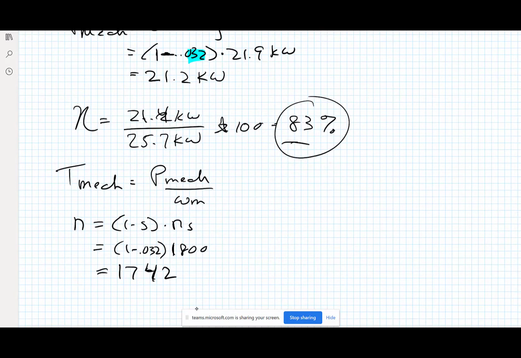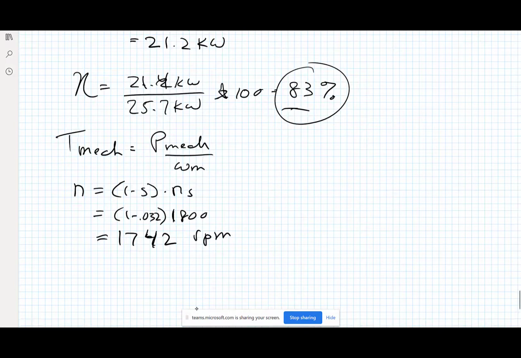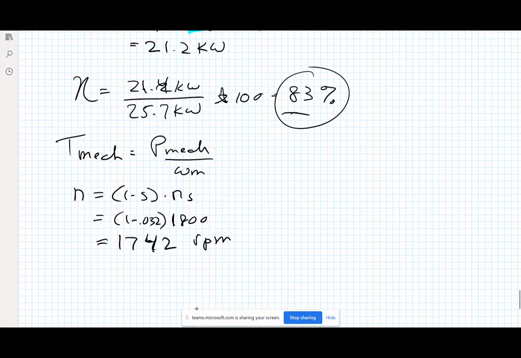Okay, so this is the RPM. Now I can convert this to mechanical speed. It's going to be 1742 times pi over 30, which is 182.4 radians per second.